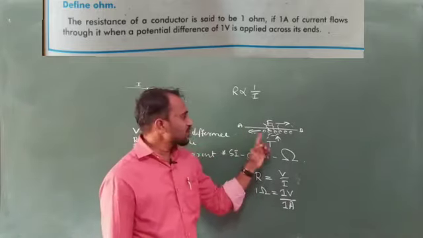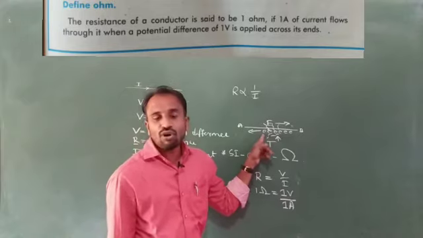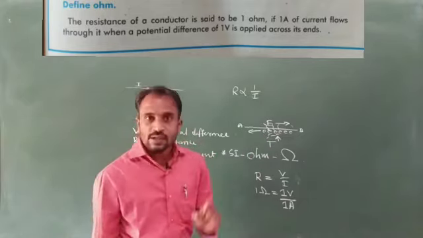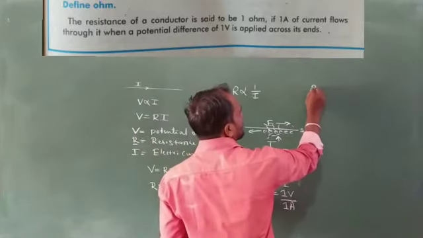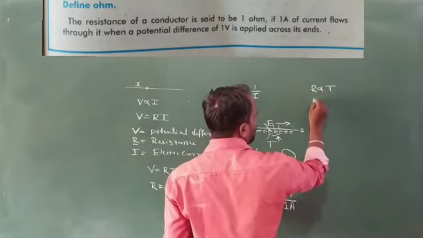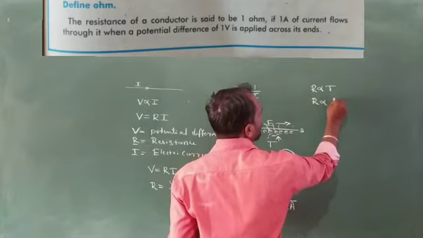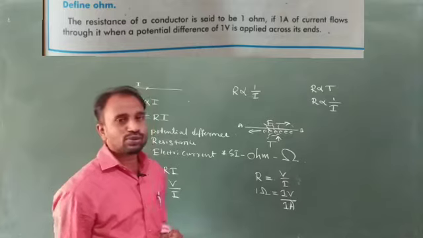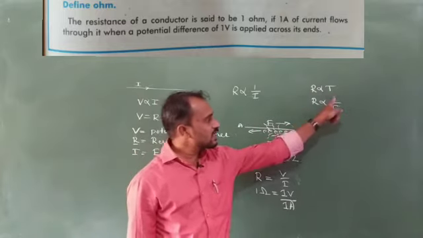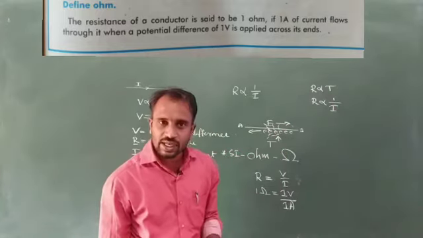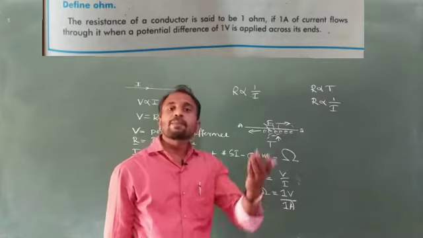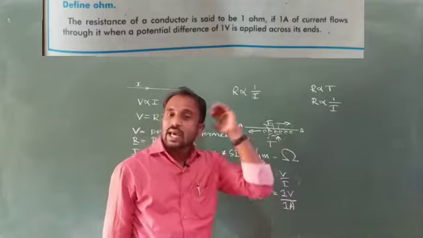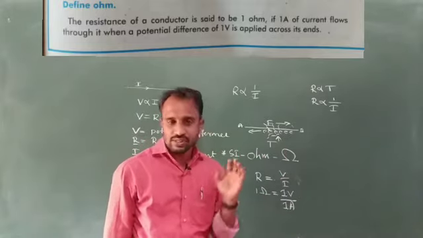Because whenever temperature increases, the randomness of the electrons increases, and automatically electric current decreases. So resistance is directly proportional to the temperature and inversely proportional to the electric current. Whenever temperature increases, resistance value increases, and electric current keeps decreasing.